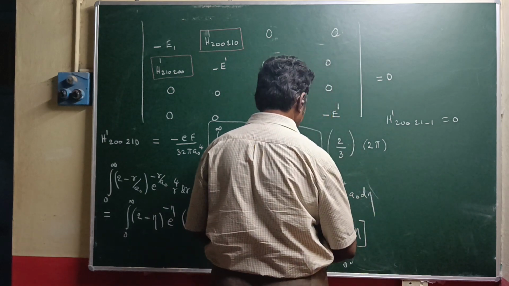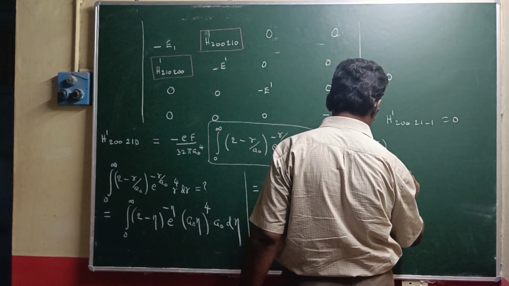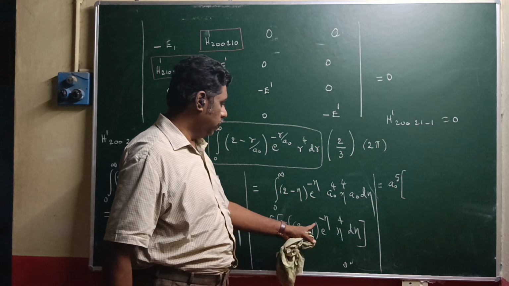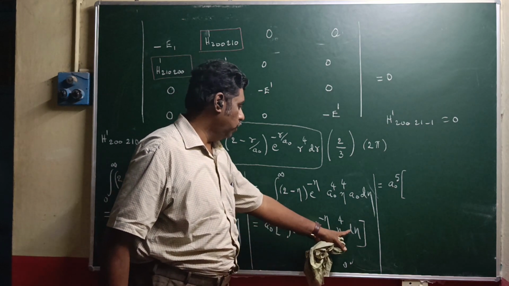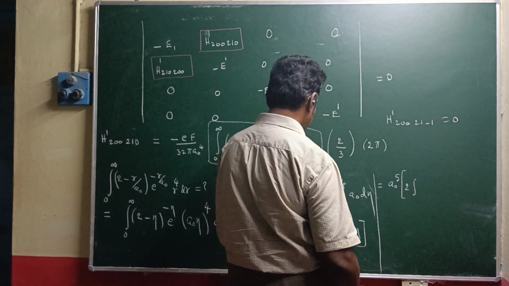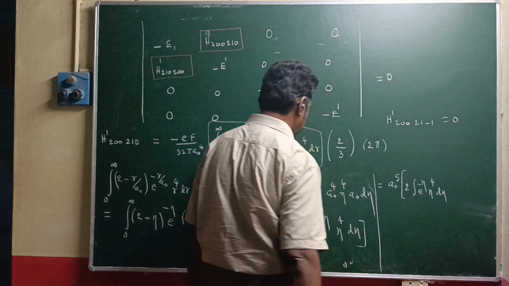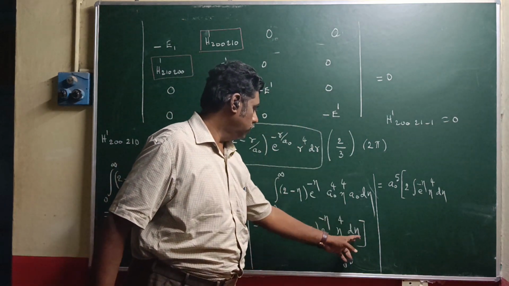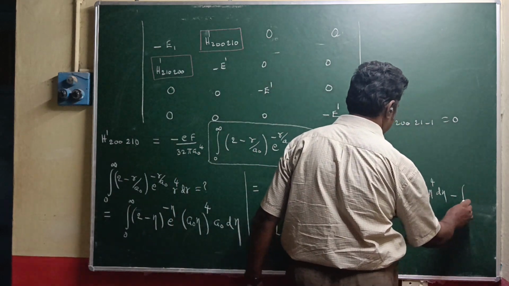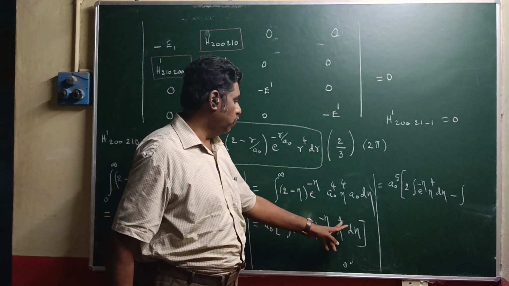This can be separated into a0 power 5. See this, 2 into e power minus eta, eta power 4 d eta, 2 into integral e power minus eta, eta power 4 d eta, minus of integral eta into e power minus eta, eta power 4 d eta.